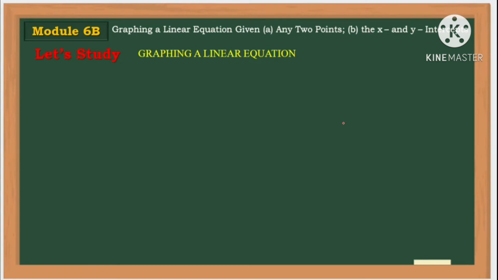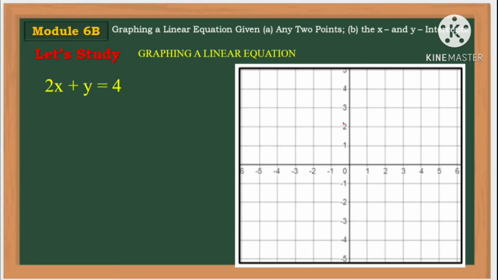Graphing a linear equation. So you have here a linear equation which is 2x + y = 4. Usually, ang ginagawa na lang natin para mas mabilis, i-let mo yung x. Okay, so let x = 0.